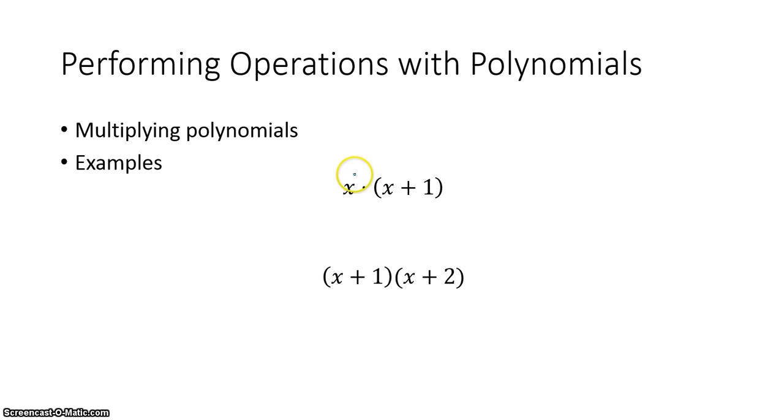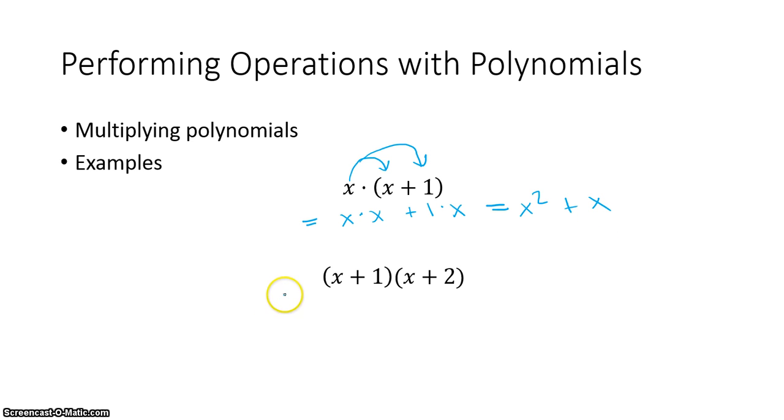We're going to do that same thing here in this first example. We're going to distribute the x inside the parentheses, meaning we're going to multiply every term inside the parentheses by x. So I'm left with x times x plus 1 times x. And we know that x times x is x squared, and 1 times x is just x.